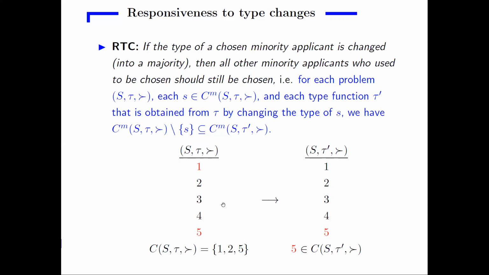For an example, say that here again we have these 5 students. First and fifth students are minorities. Now think of another scenario in which the first guy is not a minority, but a majority student. Then this shouldn't change the affirmative action behavior of the last guy not being chosen.